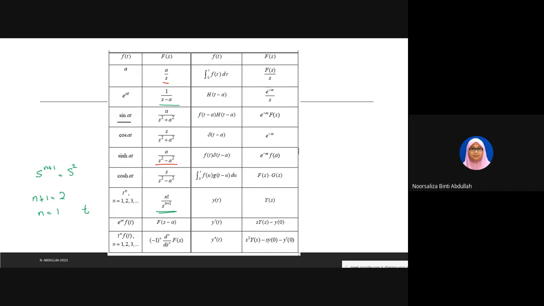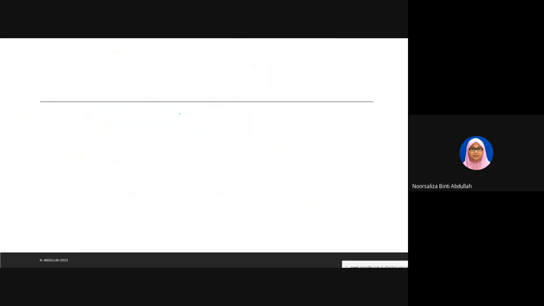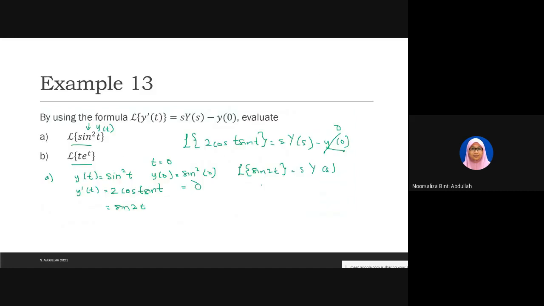Betul tak? So equals to sY(s). Then Y(s) equals to 2 over s square plus 2 square bahagikan dengan s, ataupun 2 per s square plus 2 square darabkan dengan 1 per s.